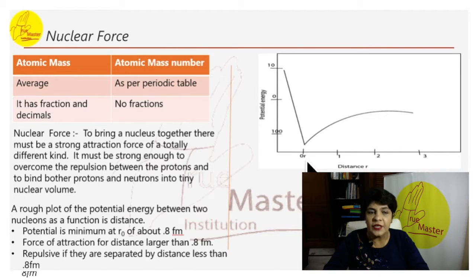As the distance grows, the potential energy comes almost down to zero. It indicates that nuclear force is a short range force. Protons will strongly repel if the distance between them is less than 0.8 fm.